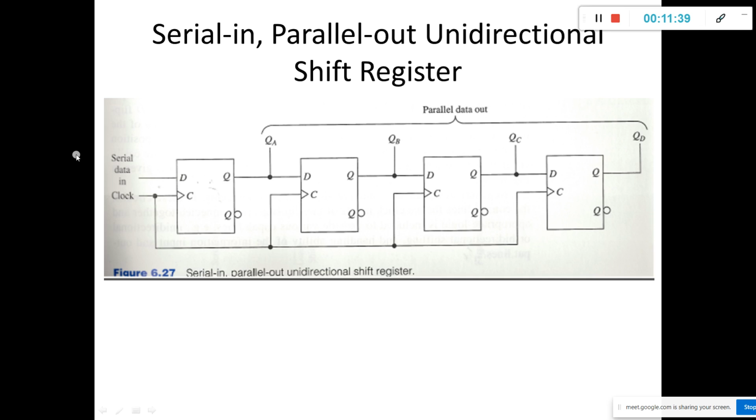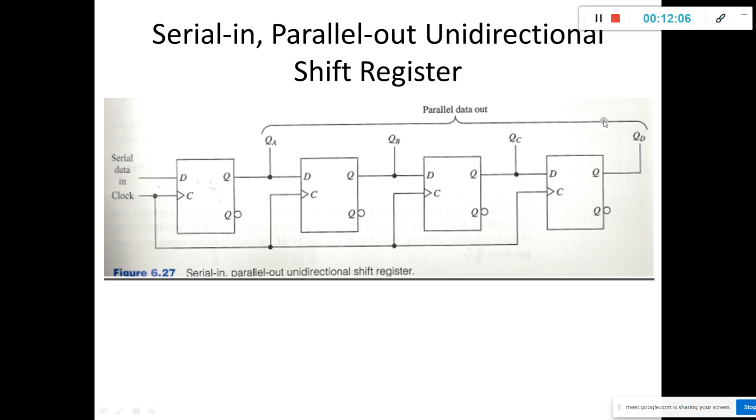Earlier, we fed the data serially and took the output also serially. But in this one, we feed the data serially and take the outputs in parallel. The data moves only from the first flip-flop to the last flip-flop, in one direction, so it is a unidirectional shift register.